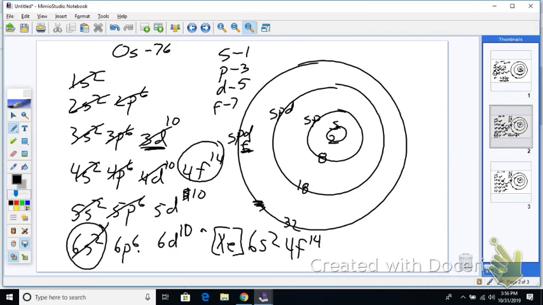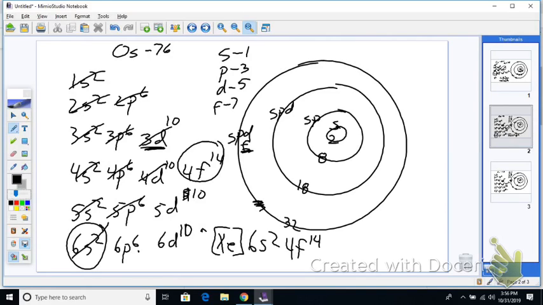And so we're at the end of the Fs, and then we start at element 57 and go across, counting our 10. So including lanthanum, we're going to count over how many it would take. So 1, 2, 3, 4, 5, 6. So osmium is going to be 6.